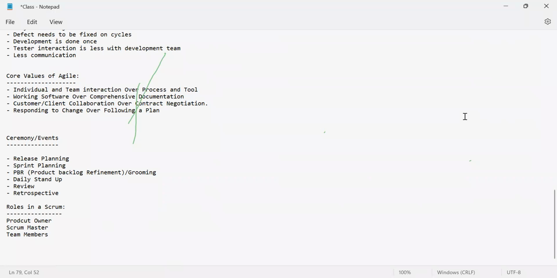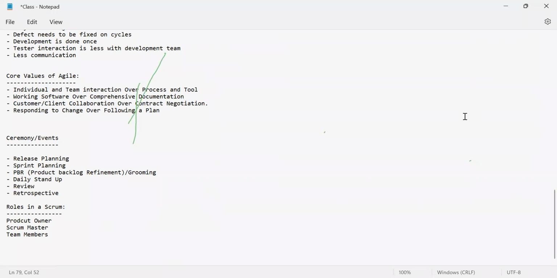This is all done by the product owner. He takes the application functionality and breaks it down into modules. Again, these modules are further broken down into smaller chunks or smaller functionalities called stories. These stories are prioritized and taken into the sprint.